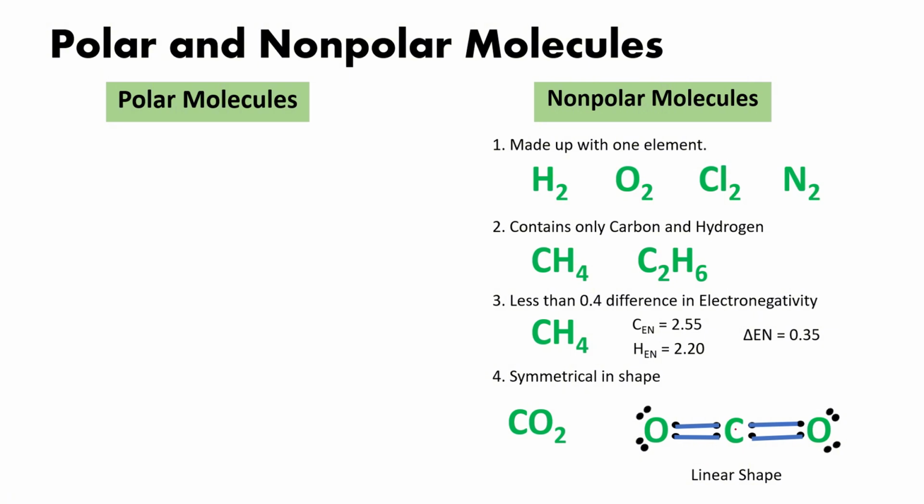And in this linear shape, remember, if we calculate their electronegativity, for example, carbon has lesser electronegativity compared to the oxygen. So we might think, oh, the negative is here, the positive is here, and the negative is here.